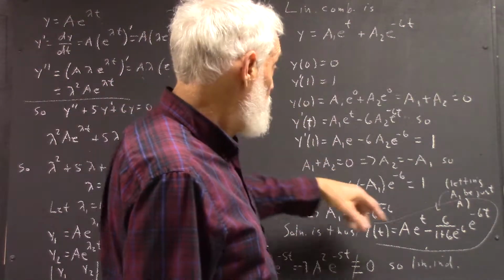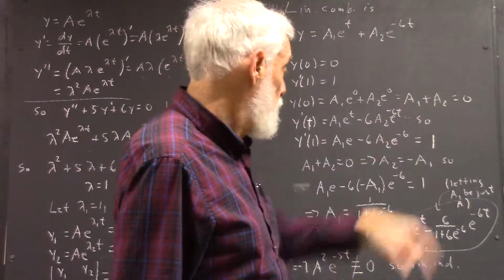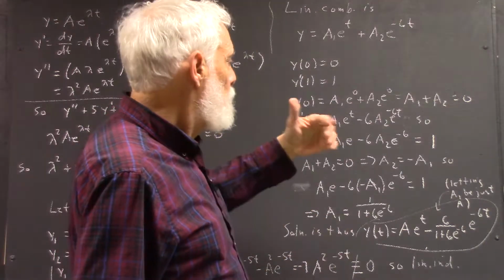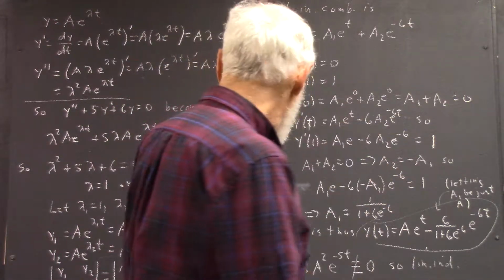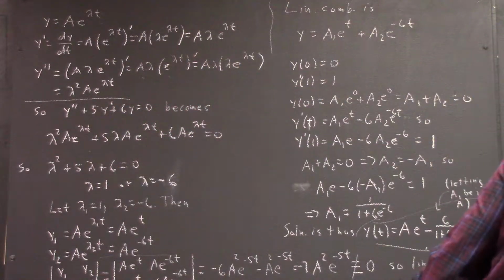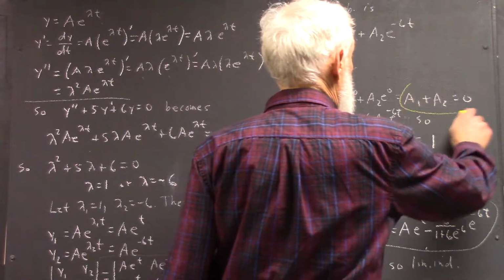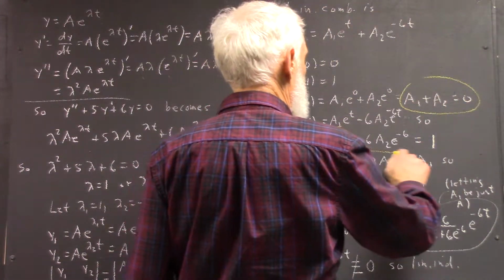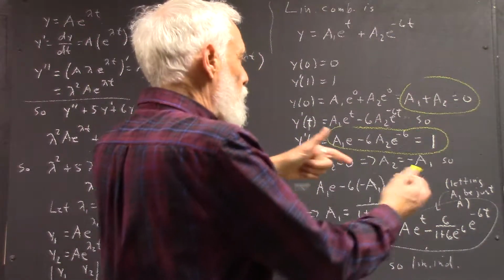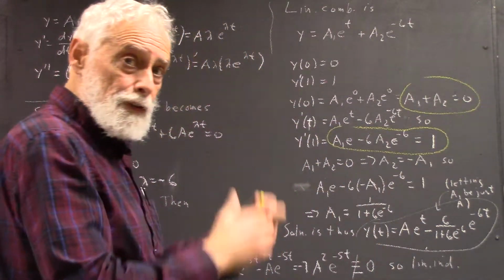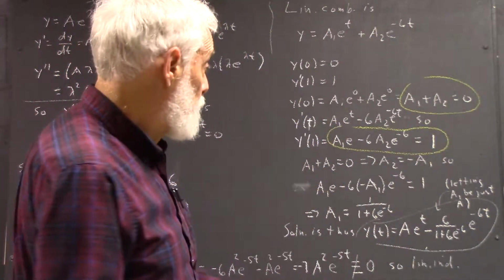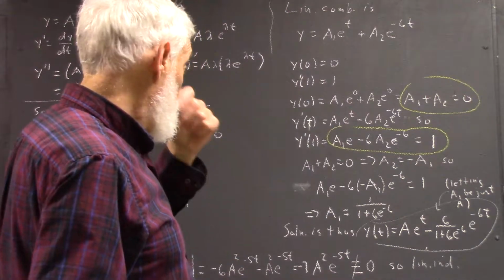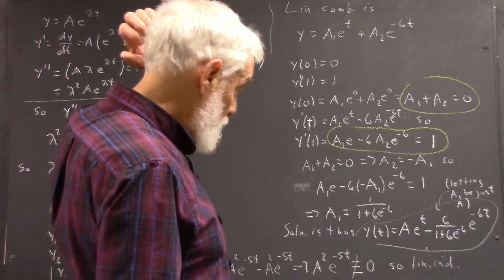Now, from the first equation, a1 plus a2 has to be 0. Incidentally, we have two simultaneous equations and two unknowns. So I can put a little circle around this and a little circle around this. Ordinarily we'd probably write these equations out one and then the other so we can focus on what to do, but these equations are simple enough that I skip that step.